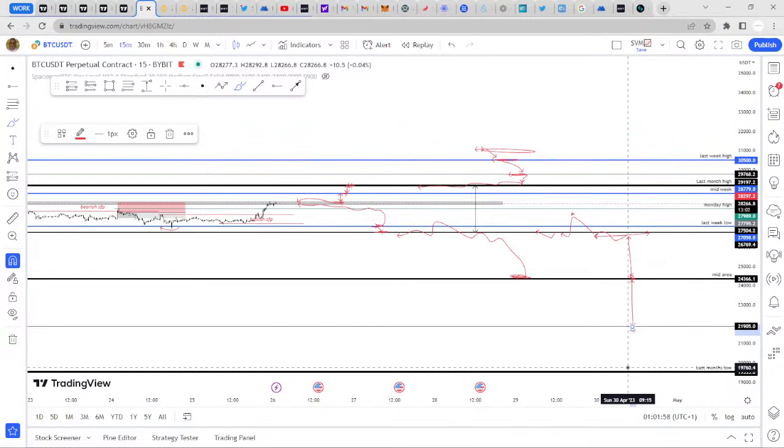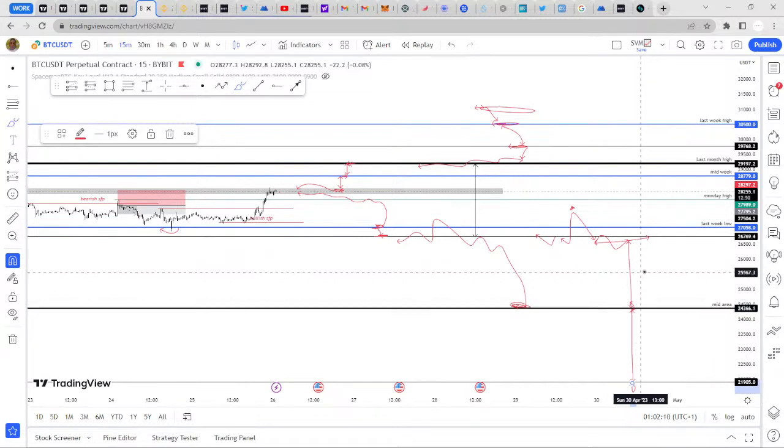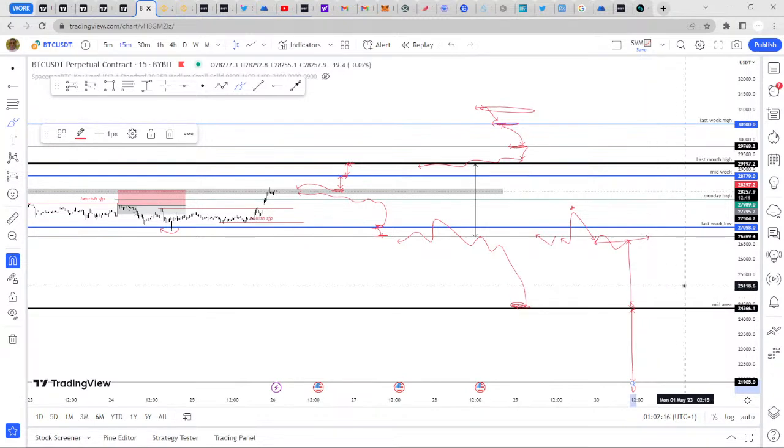And if it pushes lower, you can take another profit here. If it comes here, you take profit, and it starts to consolidate and do reclaims, you can cut the rest of the position. Likewise here too.